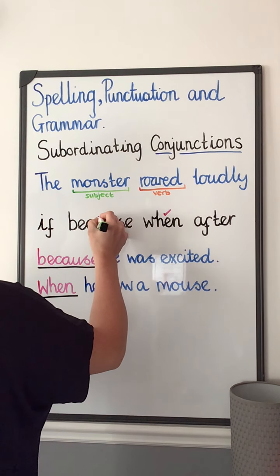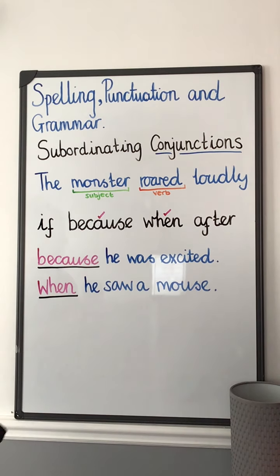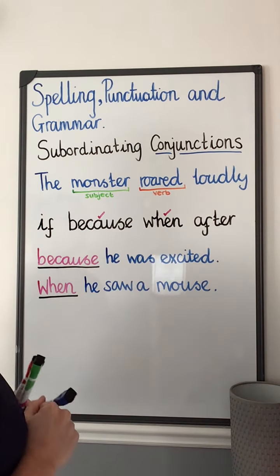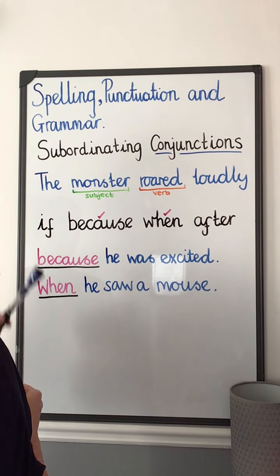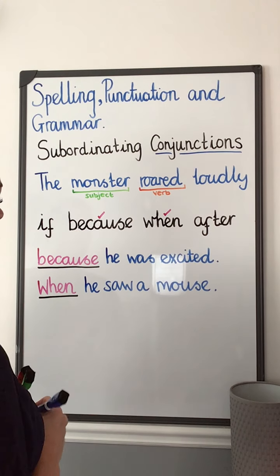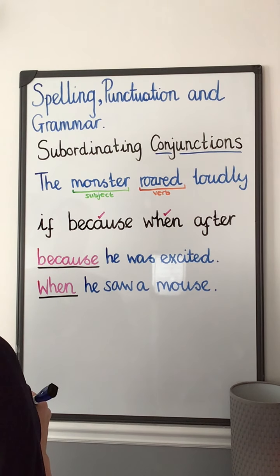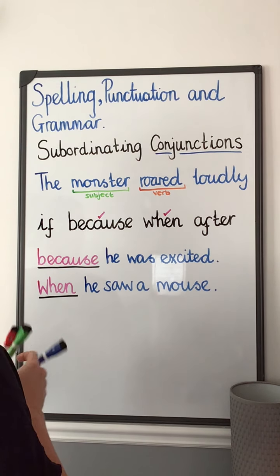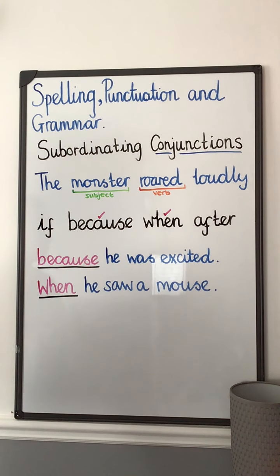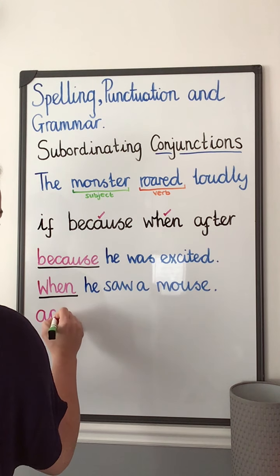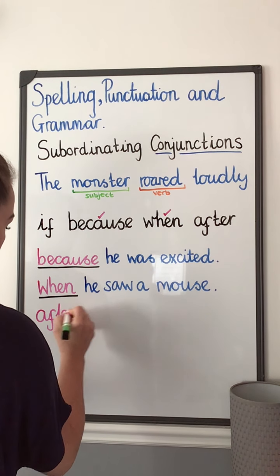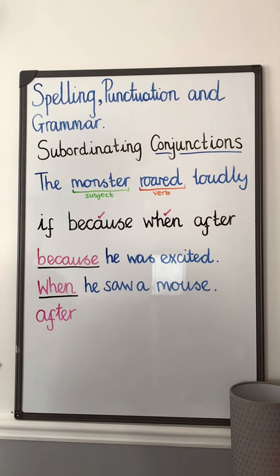I've used because. What other subordinating conjunction could I use to extend this main clause? I think I've got if and I've got after. Okay, I'm going to use after. So well done if you suggested after. Now, what could my monster have done?